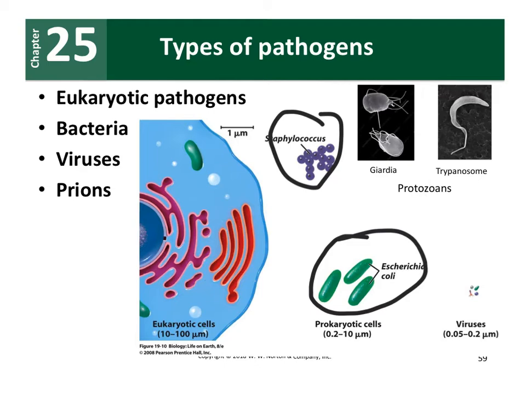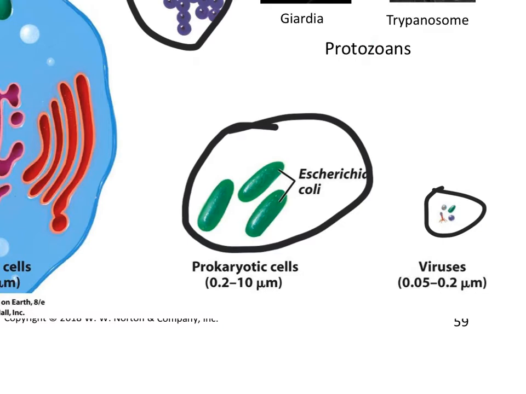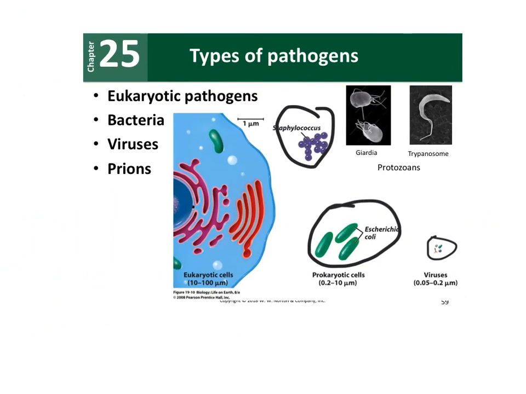Remember, eukaryotes have a nucleus and organelles and things like that. And then the smallest things are viral particles, and they're very, very small. In fact, people inferred that they were there, but they couldn't see them with a light microscope. You need an electron microscope, whereas you can see eukaryotic cells and bacteria.